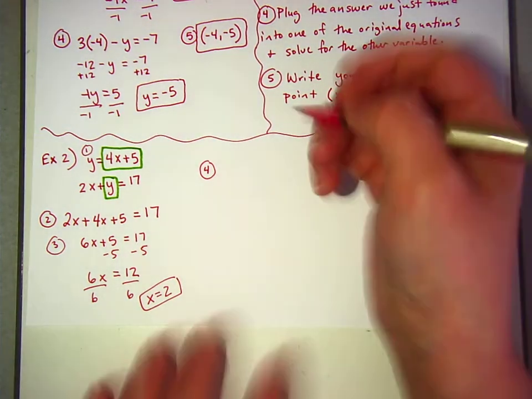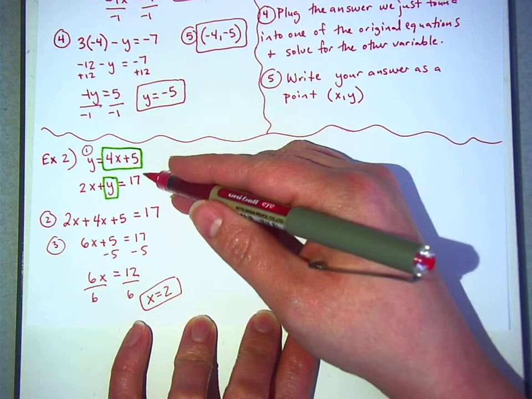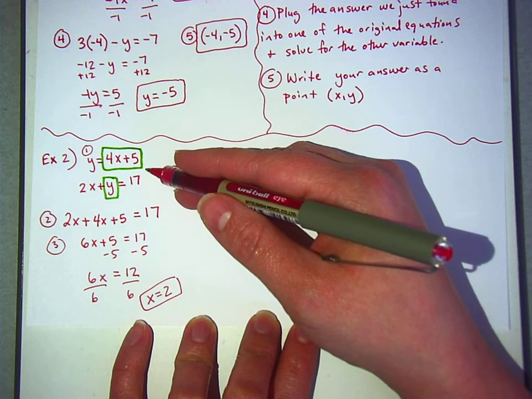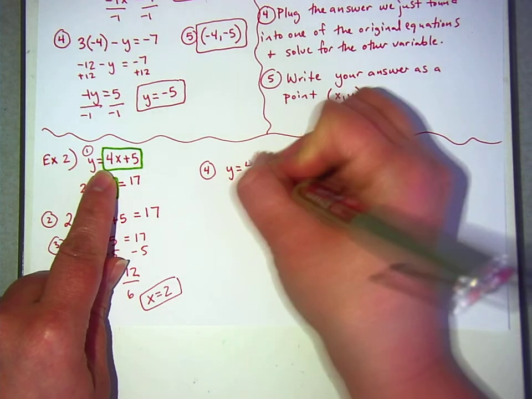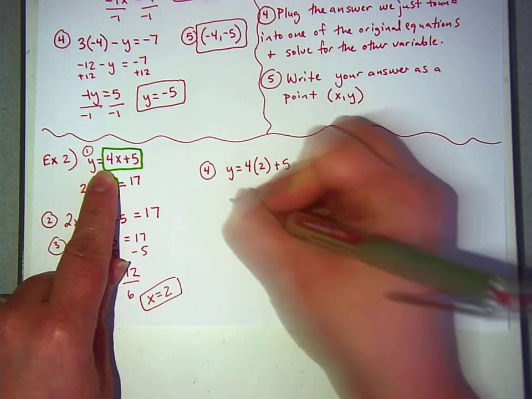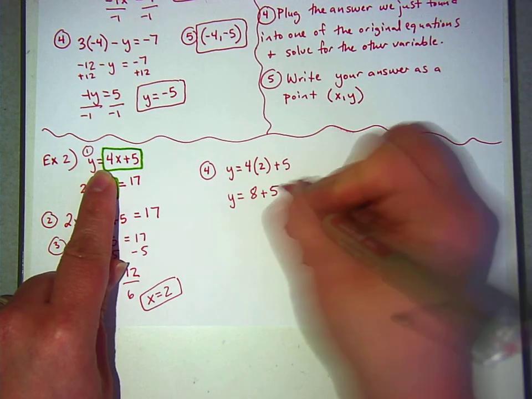Okay. All right. So now we've got to plug in that one into one of these. Anybody have a preference? Statelin? Okay. So y equals 4 times 2 plus 5. Y equals 8 plus 5.